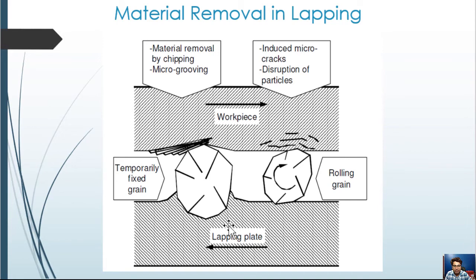This is the lapping plate, this is the workpiece, and the grains, temporarily fixed, in interaction with each other, chip very controlled amounts of material from the workpiece surfaces. We'll be talking about this in a later slide.